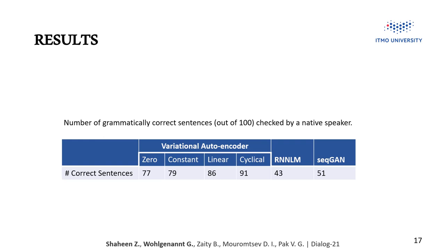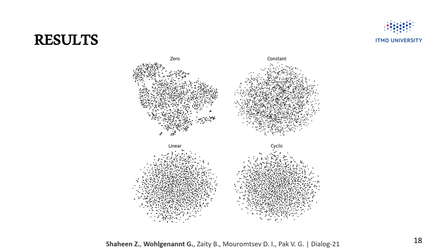So the table shows that cyclical and linear annealing of variational autoencoder are the best models in terms of grammatical correctness. And it is surprising that RNN language model and sequence GAN show too many mistakes.